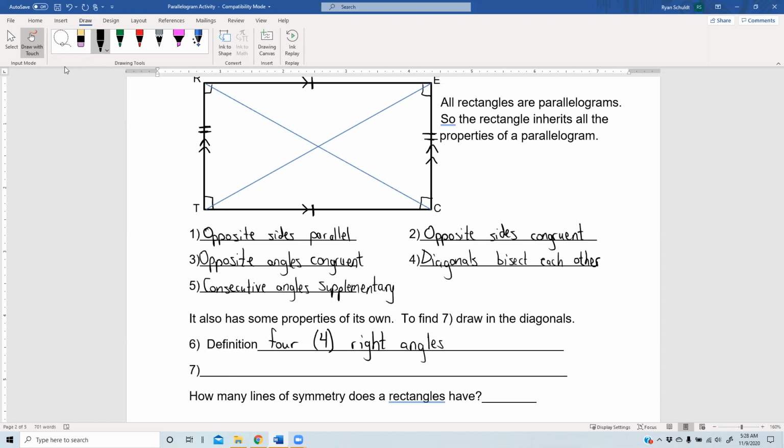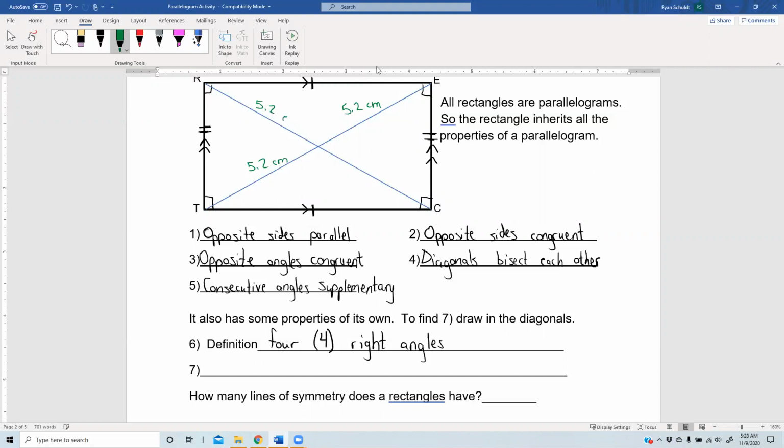Now, if we were to actually measure these, we would find something interesting. If I'm doing centimeters, this would be 5.2 centimeters. Okay, that's not really interesting per se. Of course, it cuts it in half. Duh. That's what property number 4 says. But when I go to measure the other one, this is where it gets interesting.